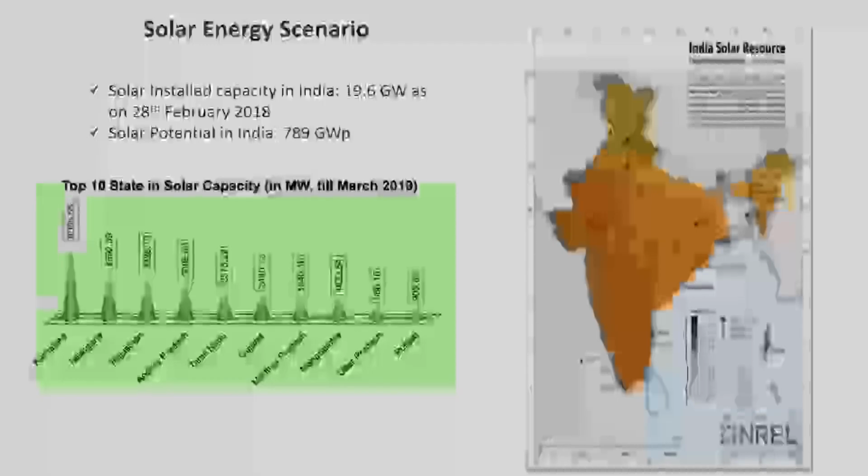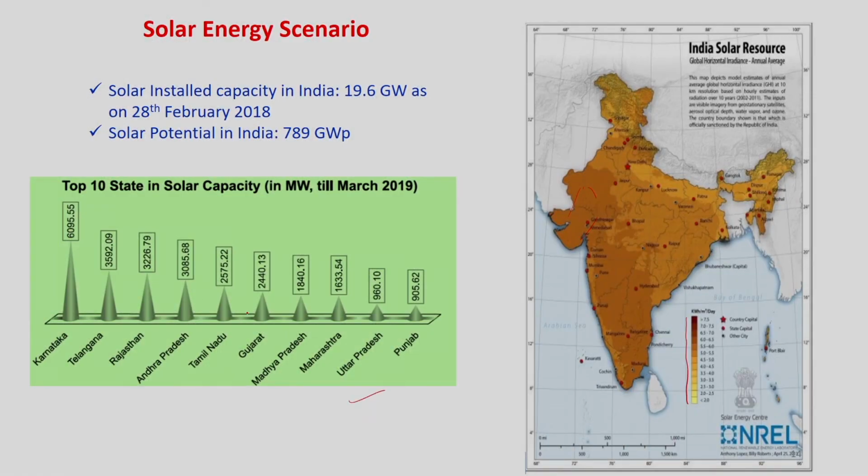This chart shows the solar capacity of different states of India. Ten states are shown here. They are the major solar capacities: Karnataka, followed by Telangana, then Rajasthan, Andhra Pradesh, Tamil Nadu, Gujarat, Madhya Pradesh, then Maharashtra, Uttar Pradesh and Punjab. You can see the kind of solar capacity they have.